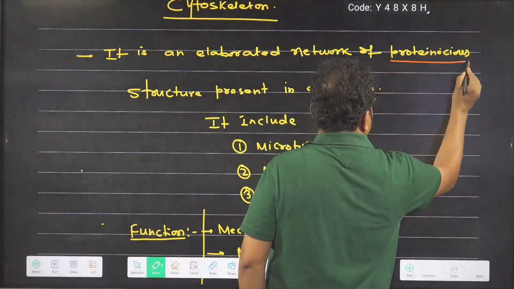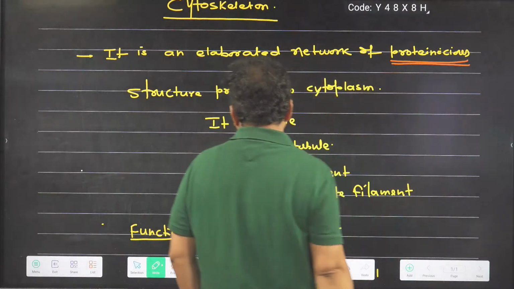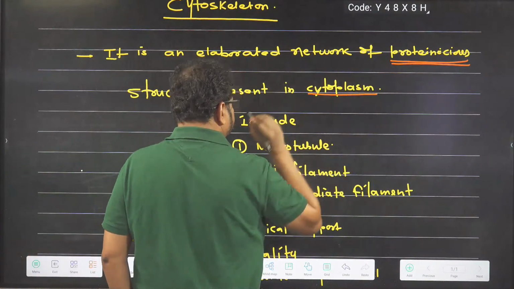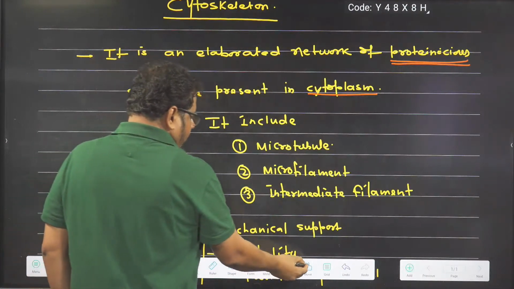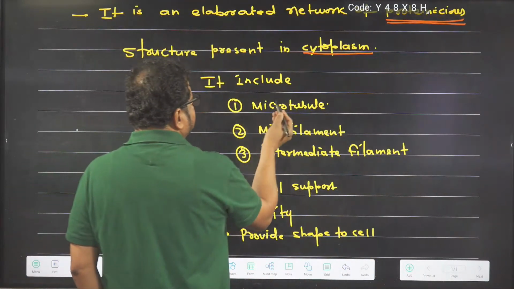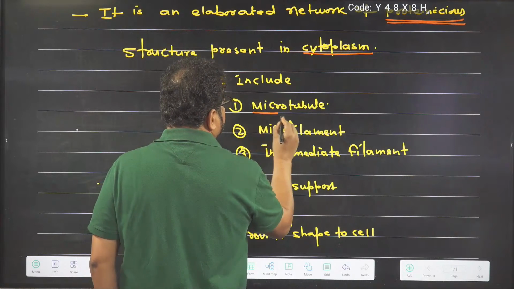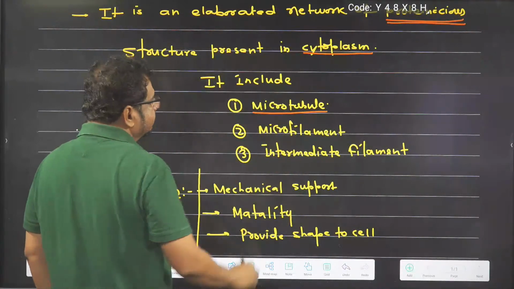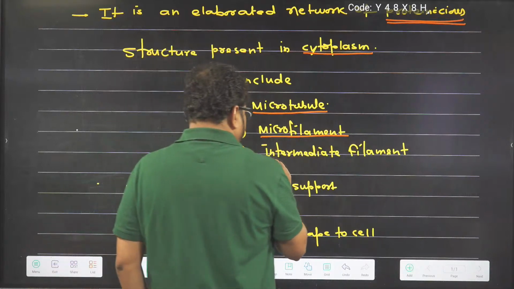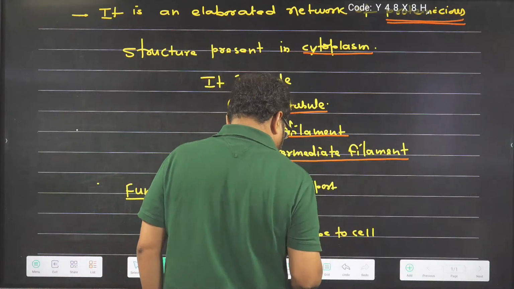Means the cytoskeleton is made up of protein. Right? And where it is present? Present in the cytoplasm. It includes, means there are three type of cytoskeletal structure present in the cytoplasm. One is microtubule, another is microfilament, third one is intermediate filament.